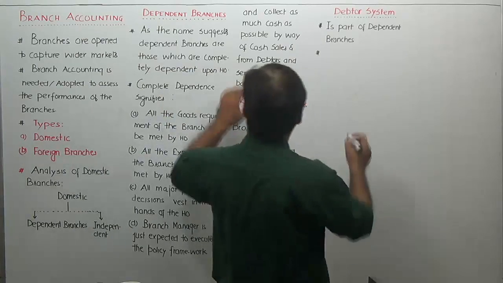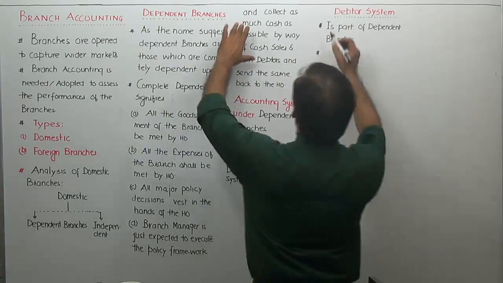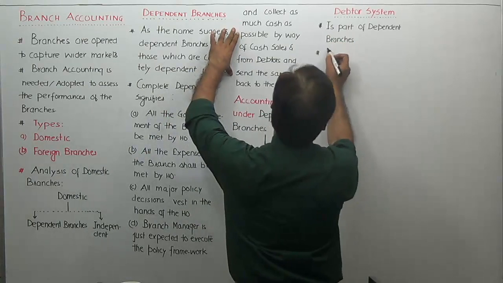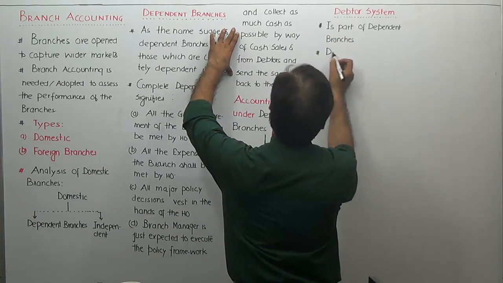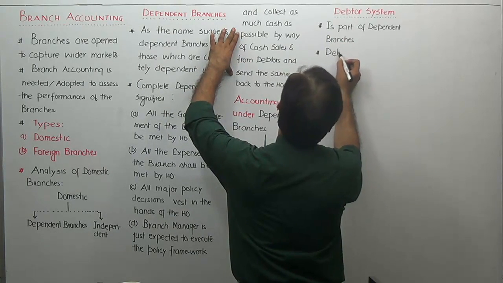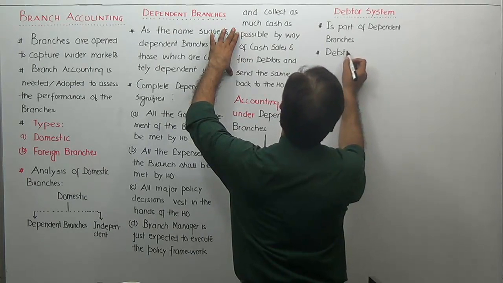At this moment, allow me to write first. The next point is that the debtors system is generally adopted by organizations having limited scale of operations.